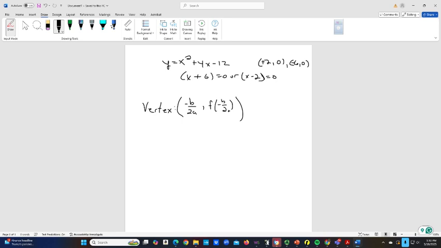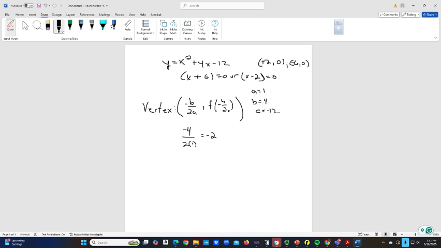All right, so if we need to identify our A, B, and C, our A is positive 1, our B is positive 4, and our C is negative 12. Okay, so if I just take what I have, negative 4 over 2 times 1, that gives me negative 2 for my vertex when it comes to the x-coordinate.